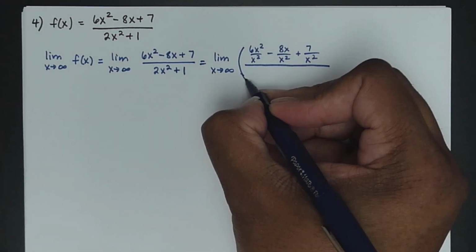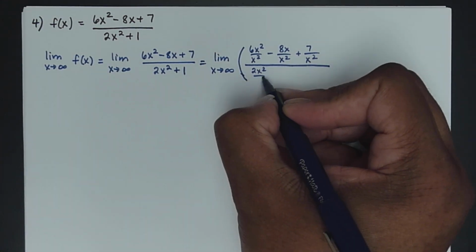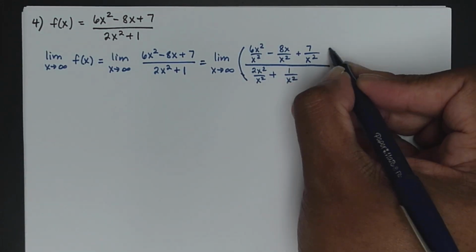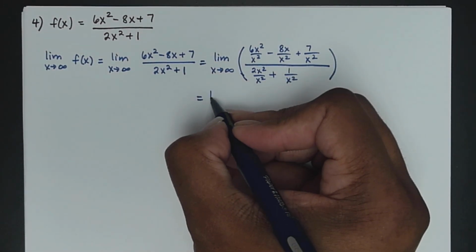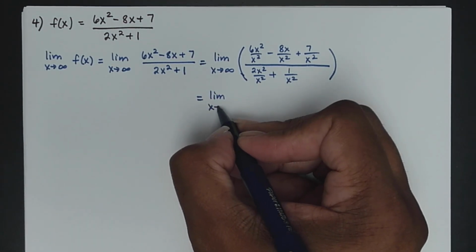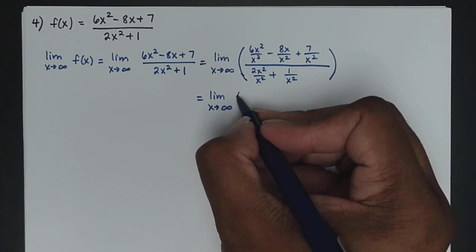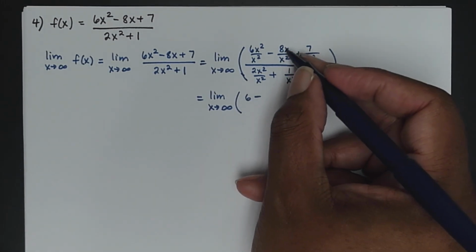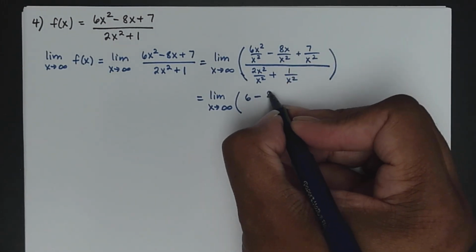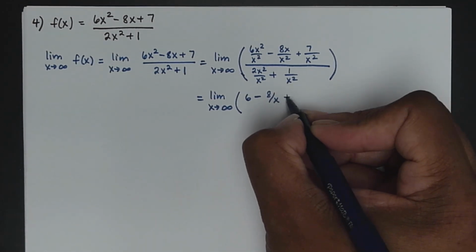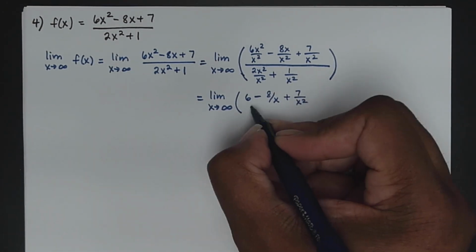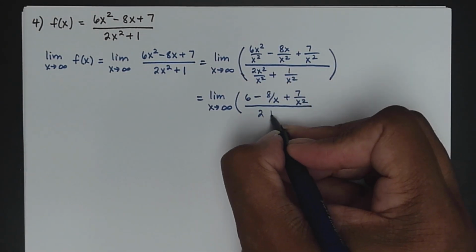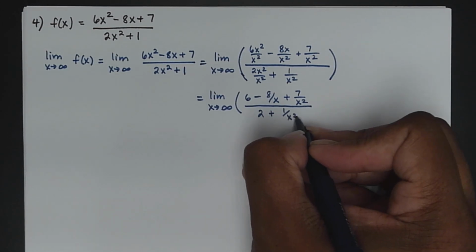All that's divided by, and in the denominator 2x squared will be divided by x squared, plus 1 will be divided by x squared. And of course, if we simplify this, we have the limit as x approaches infinity of 6x squared divided by x squared, that's 6, minus 8x divided by x squared will be 8 over x, plus 7 over x squared. All that's divided by 2x squared divided by x squared is 2, plus 1 over x squared.